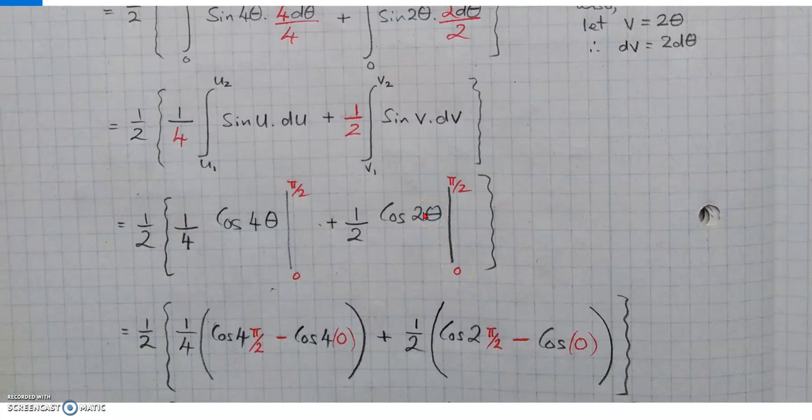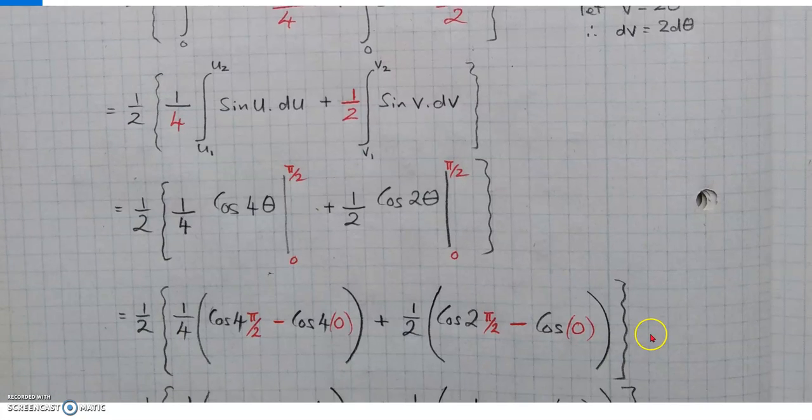Now, I haven't written 2 times 0 because 2 times 0 is 0. I've written 2 times the pi over 2 there to make it clear, but I didn't write the 2 times the 0 there. Doesn't make any difference.